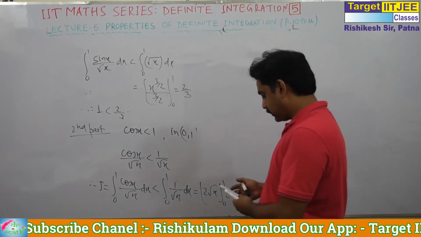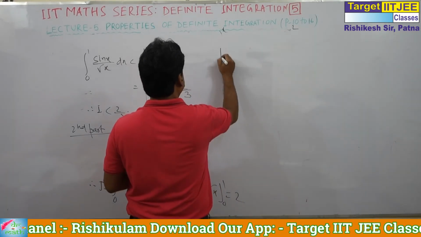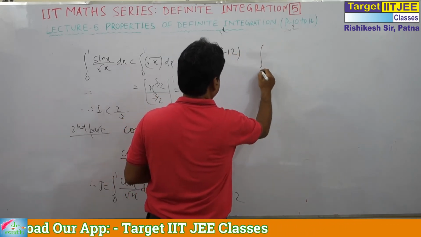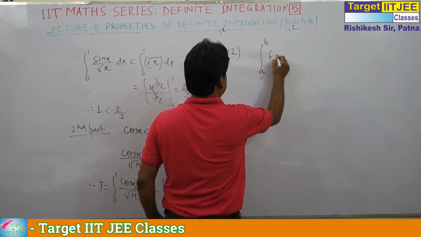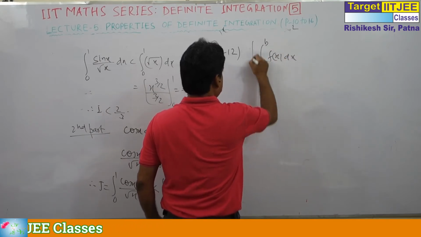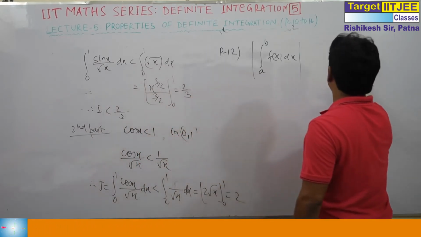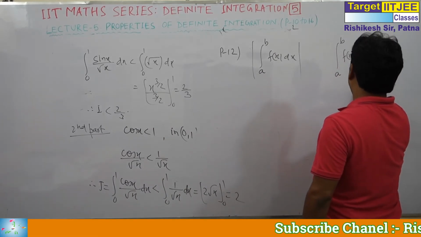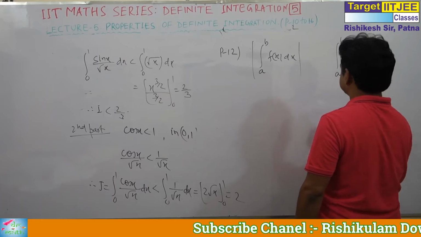Now, this is a very simple property called P12. The modulus of the integral of f(x) dx from a to b, and the integral from a to b of modulus f(x) dx.